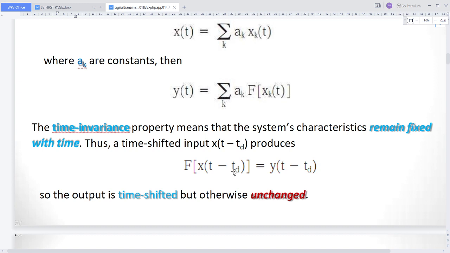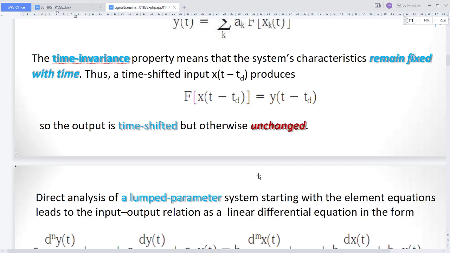It is a time delay we can assume. That means we introduce some delay in the input signal, and the same delay follows on the output side also. That means the output is time shifted, but otherwise unchanged.